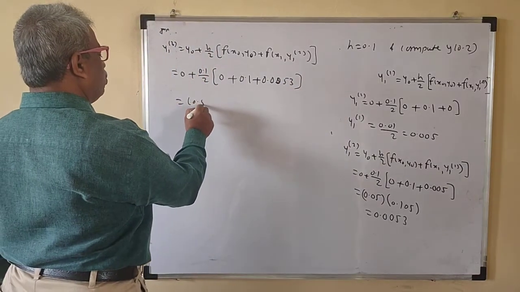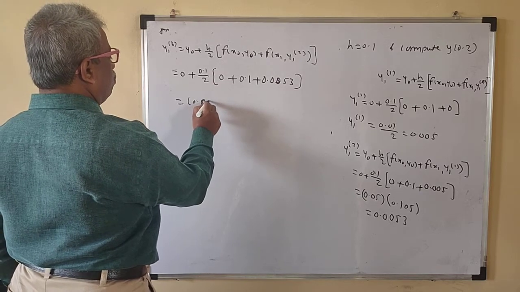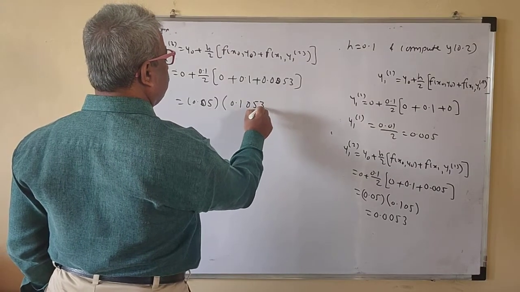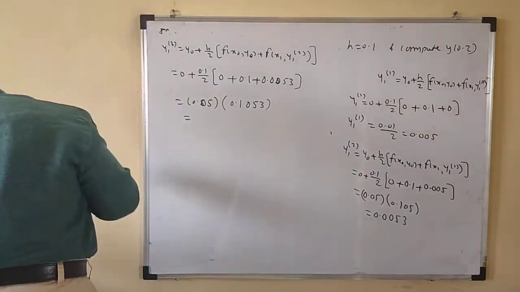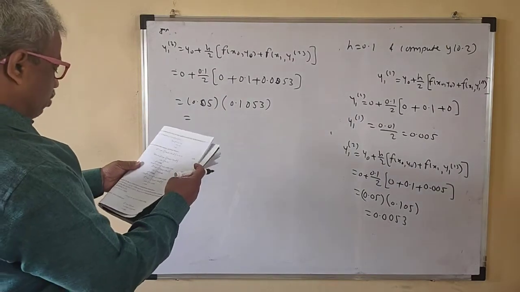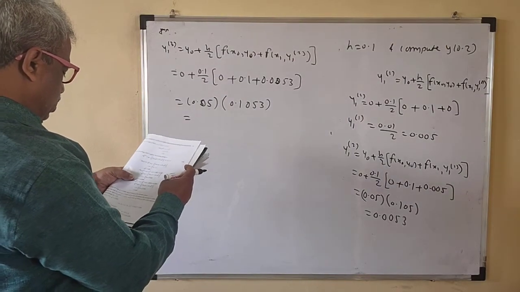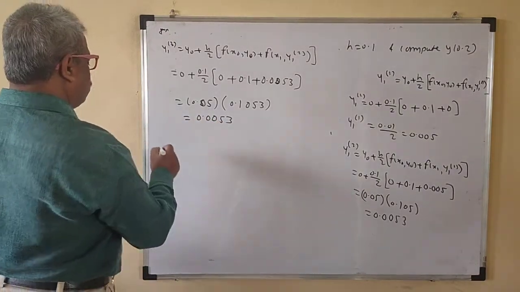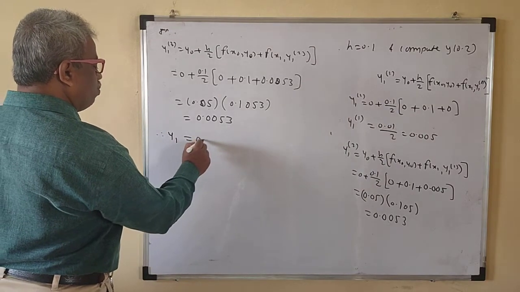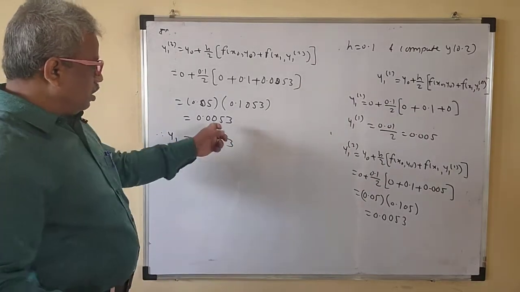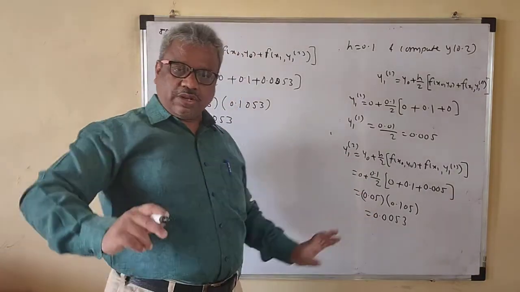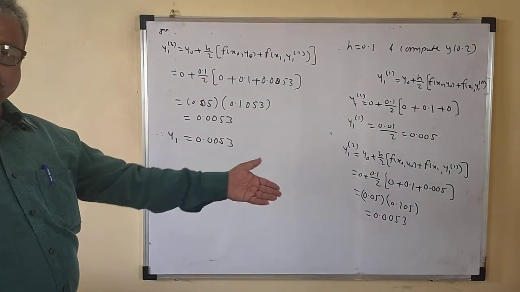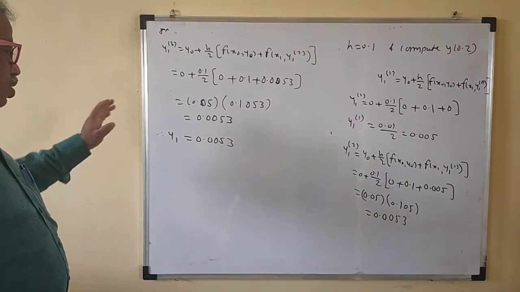So this is 0.1053. With the help of the scientific calculator you can find the value of this as 0.0053. So therefore y1 is equal to 0.0053. See, y1 of 2 is also 0.0053. We have to stop the iteration because we get the value of y1 up to four decimal places. So this will be your y1.